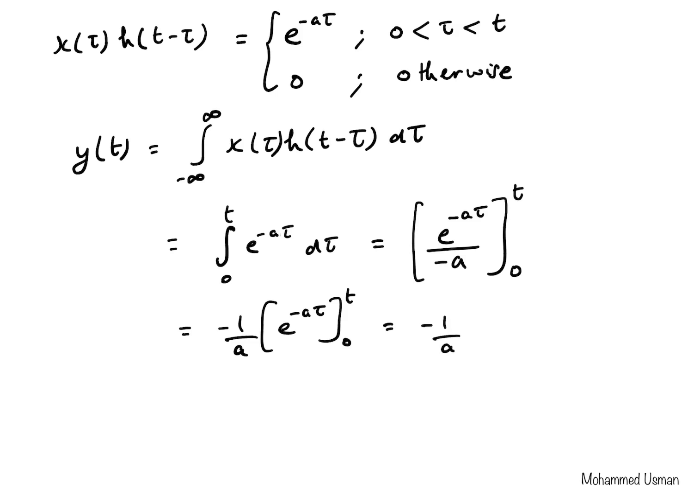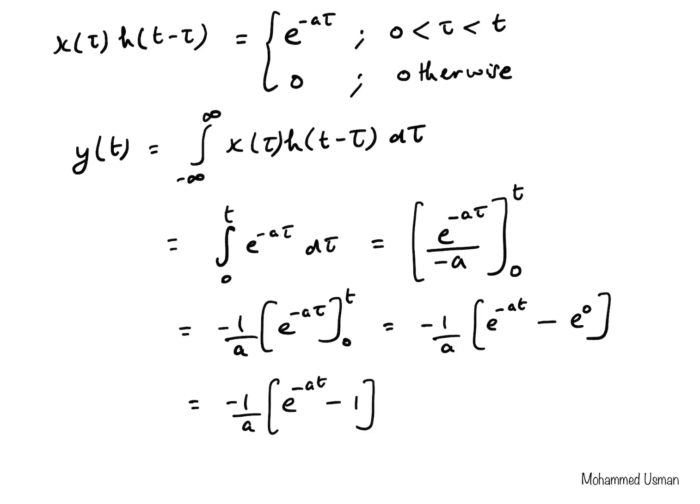So that will become minus 1 upon a times, in place of tau, we put the limit t, which is e power minus a t, minus e power 0. So that will give us minus 1 by a into e power minus a t minus e power 0, which is 1.